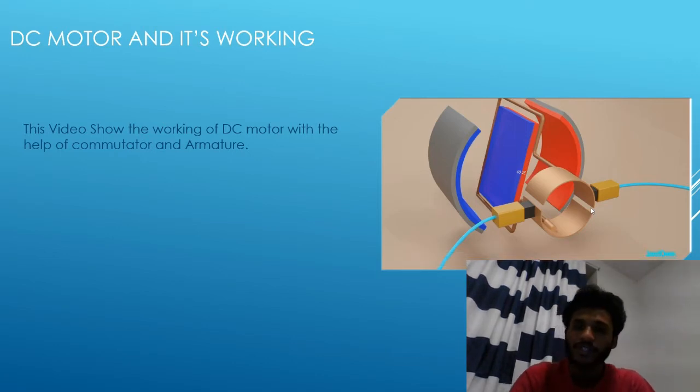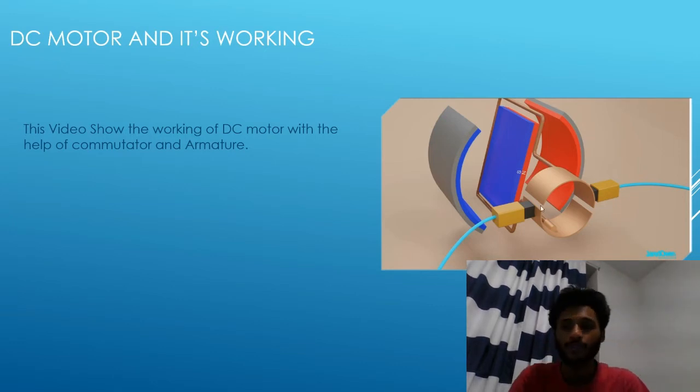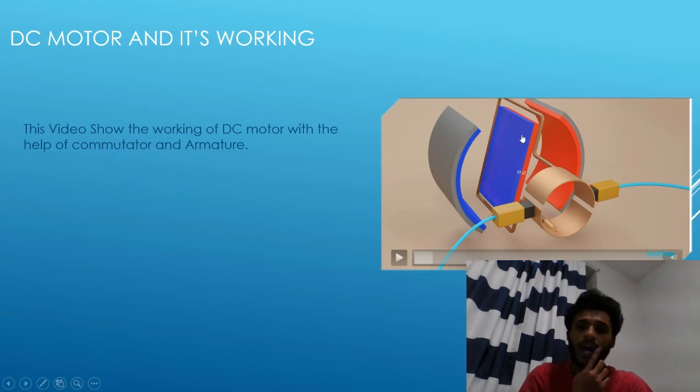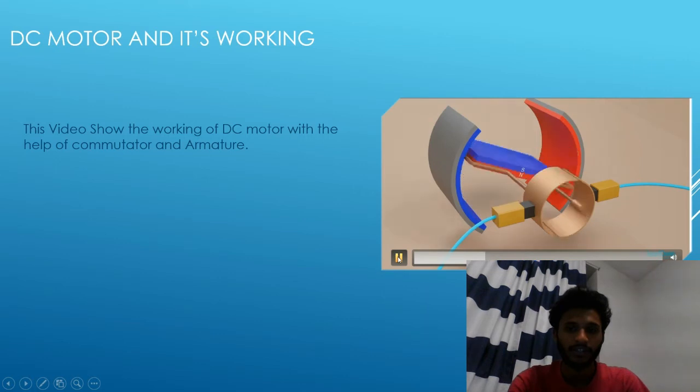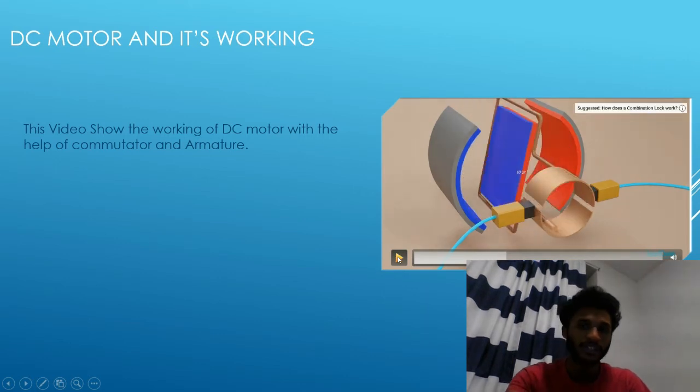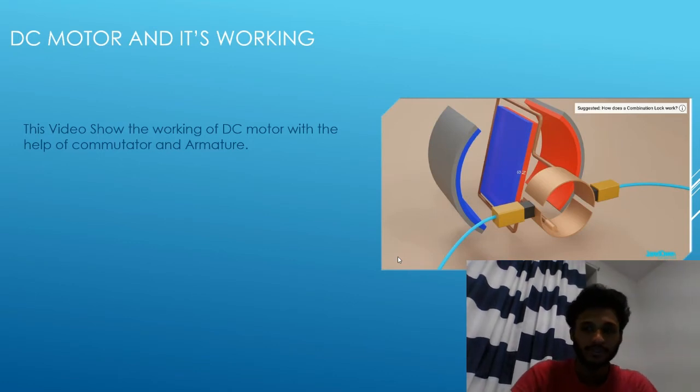It is used to switch the polarity of the magnet to keep the motor moving, because if the polarity is not switched, the south will stay over here, and after one rotation it will get stuck. Hence it is a very useful device.